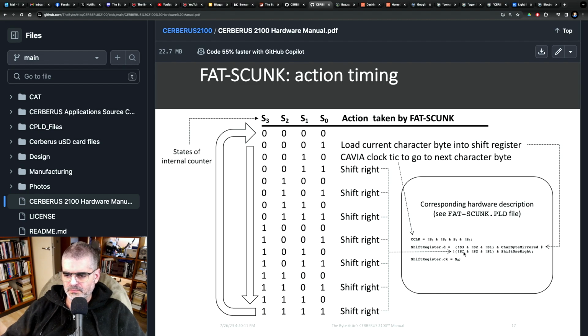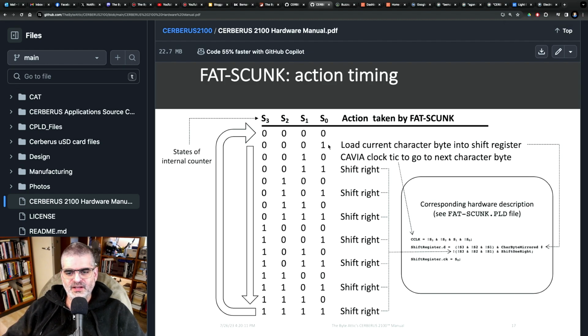Now let's go further. Let's look at this condition. Negated S3 and negated S2 and negated S1. In other words, S3, S2, and S1 need to be 0. When does that happen? It happens here at the top, the first two lines. In all other lines, you don't have all three of them being 0. Now, in this first line, S0 is 0, so there is no clock.